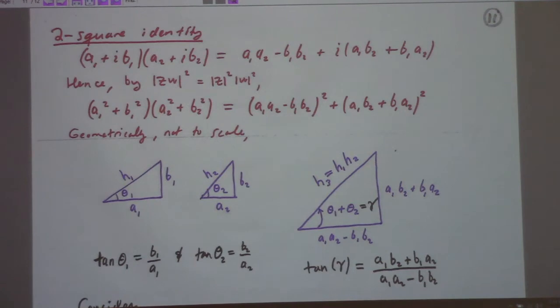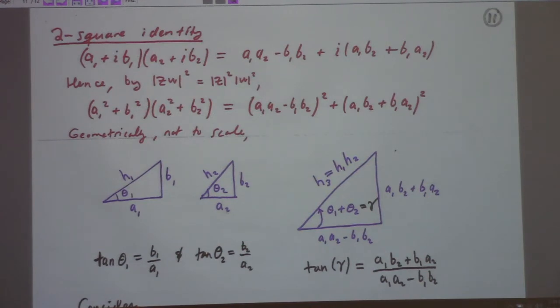Here's the geometric derivation of the two-square identity. This is a 16th century calculation. If you take these two triangles, you can construct another triangle like this, where for the legs you take A1 A2 minus B1 B2, and A1 B2 plus B1 A2, and you can construct this third triangle from these first two.